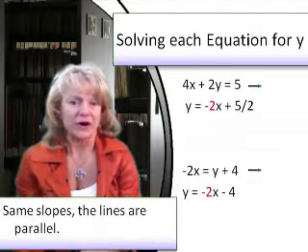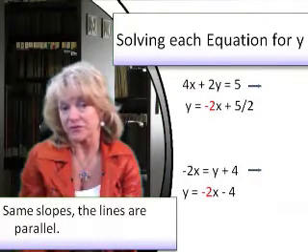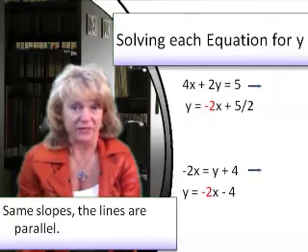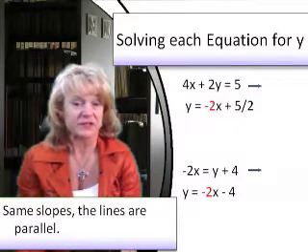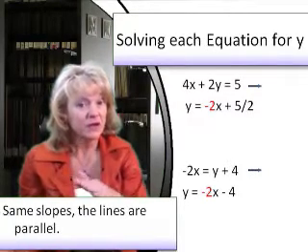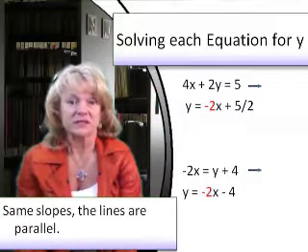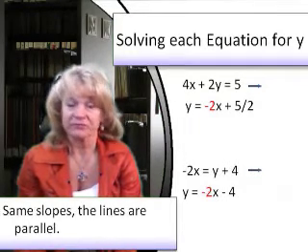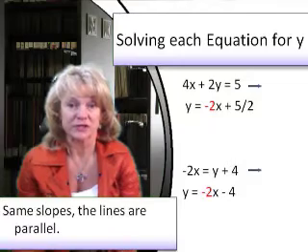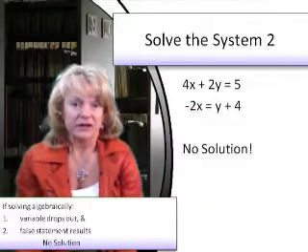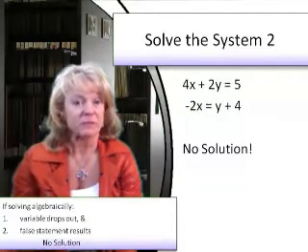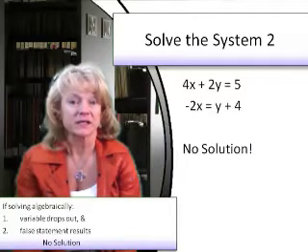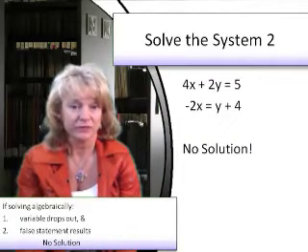Now that they are solved for y, we can see that the slopes are the same. If we think of this system graphically, we have parallel lines, which means these lines will not intersect, and therefore there's no solution to the system. Therefore, our response to variables dropping out with a false statement is no solution.